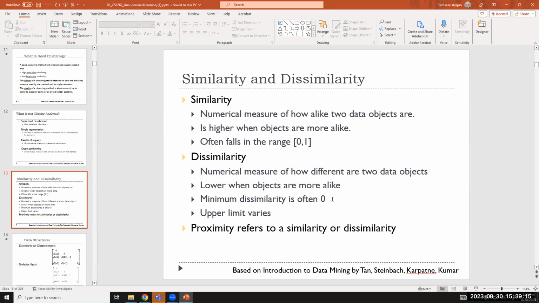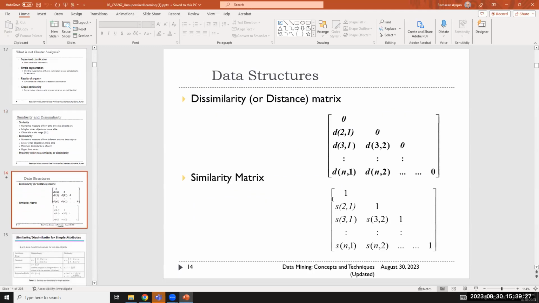Proximity is a term also used to mean similarity or dissimilarity. So it covers both. If you don't want to mention similarity or distance, you can just use proximity. These are the general structures of dissimilarity and similarity matrices. What you are seeing is a distance matrix. Here each row and each column is an object. We are measuring the distance of the first object to the first object.